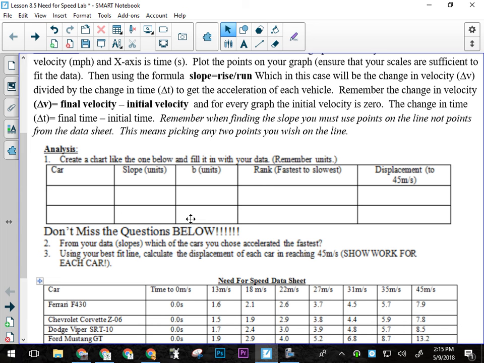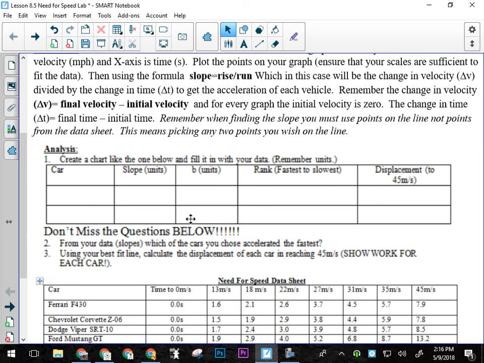Okay, and then for the last part, calculating the displacement. So you can see here that that's analysis question number 1. Analysis question number 2, from your data, the slopes, which of the cars accelerated the fastest? So that's ranking them, essentially filling in this part, right? And then for number 3, using your best fit line, and that's the key here, calculate the displacement of each car in reaching 45 meters per second.